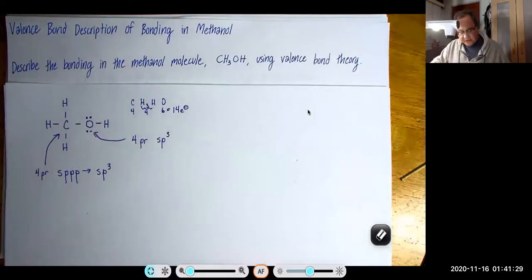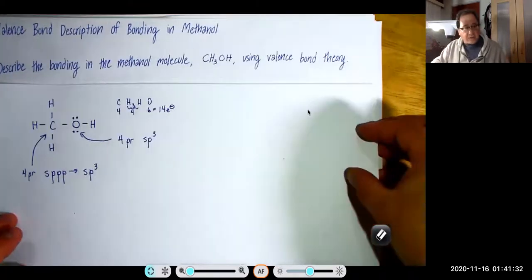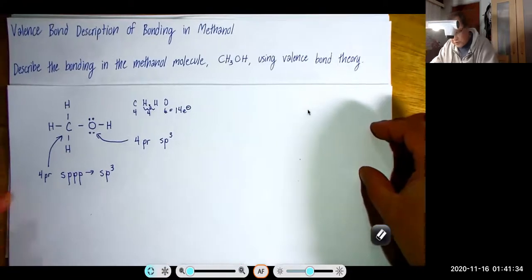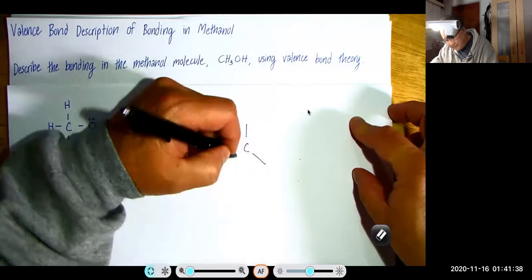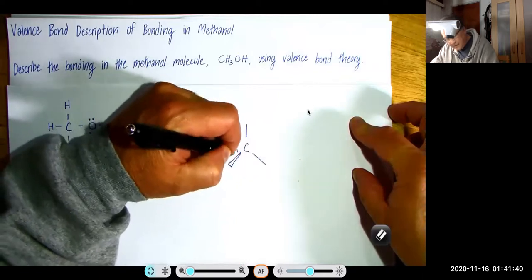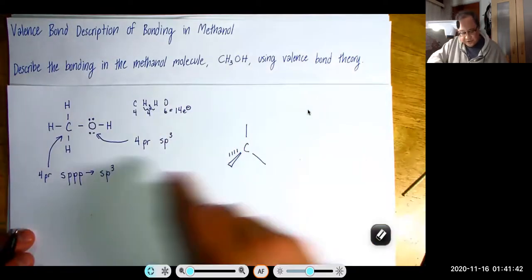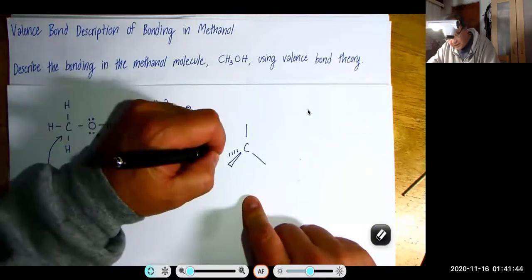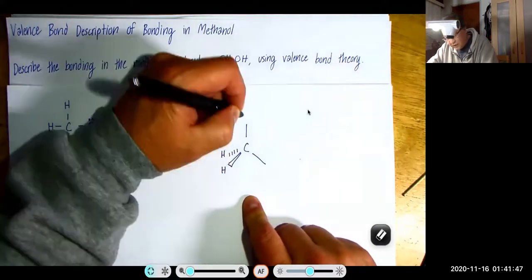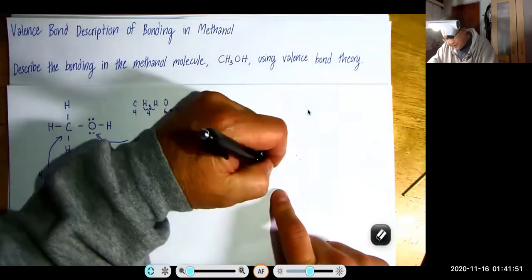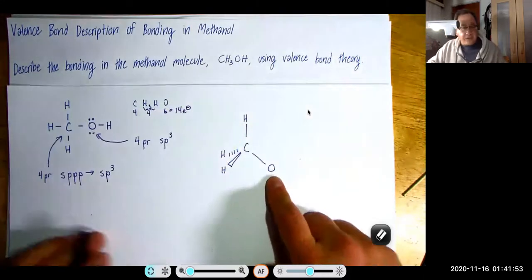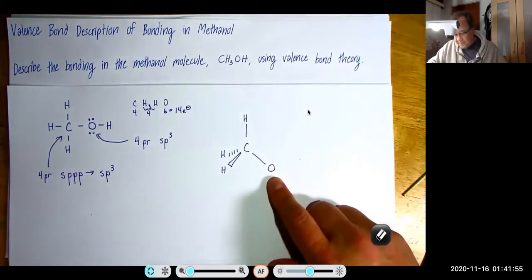So how do we draw this? Well, we want to draw this carbon so it looks like it's tetrahedral. So I'm going to go ahead and do that like this. And I'm going to put these hydrogens in place: 1 hydrogen here, 1 here, 1 here, and I'm going to connect this bond to my oxygen. Now I want to draw this so it also looks tetrahedral.